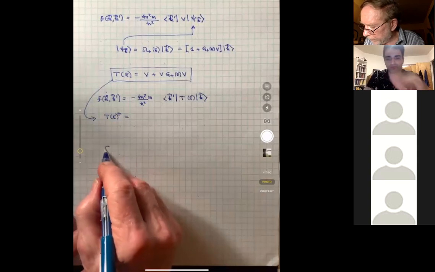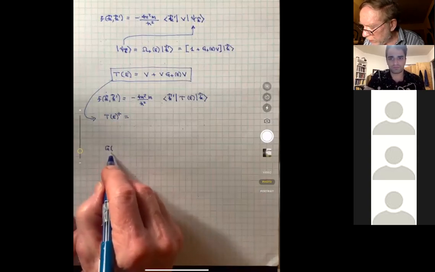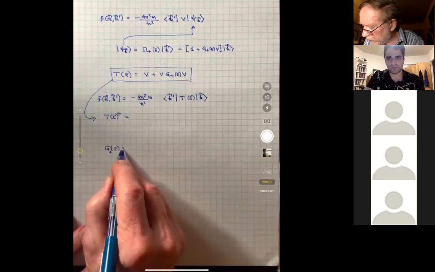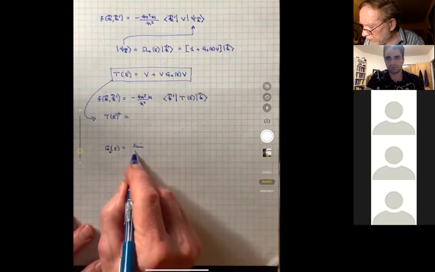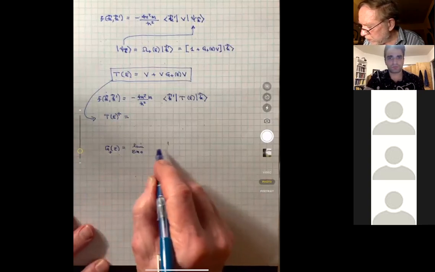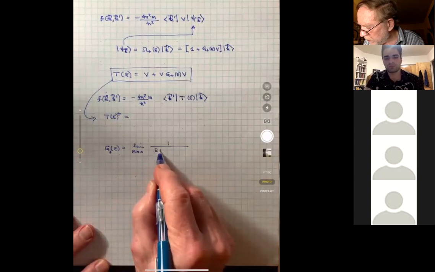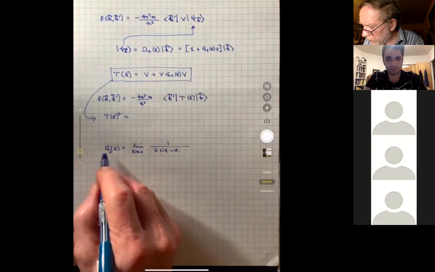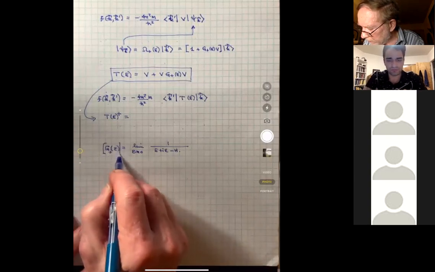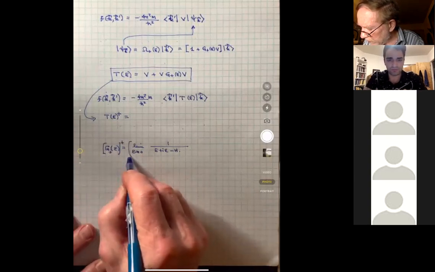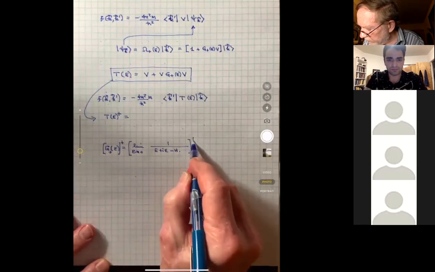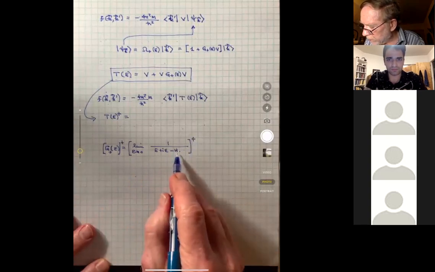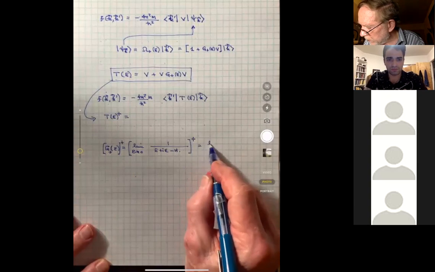Let's look at that. If I take G plus of energy E, the definition of this is the limit as epsilon goes to 0 of 1 over E plus I epsilon minus the Hamiltonian H. And so now if I take the dagger of that, I get the dagger of this limit. The Hamiltonian is Hermitian, but epsilon, of course, is complex.